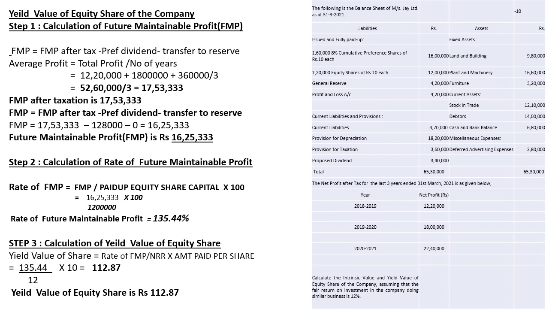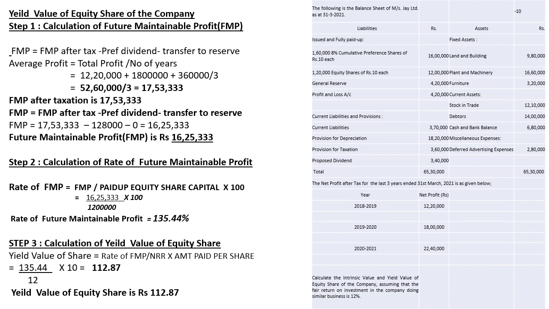So the future maintainable profit you got in step number 1, 16,25,333, you divide by the paid up equity share capital. What is the paid up equity share capital? It is 12 lakhs, as given in the problem sum: 1,20,000 equity shares of rupees 10 each, so that is 12 lakhs.